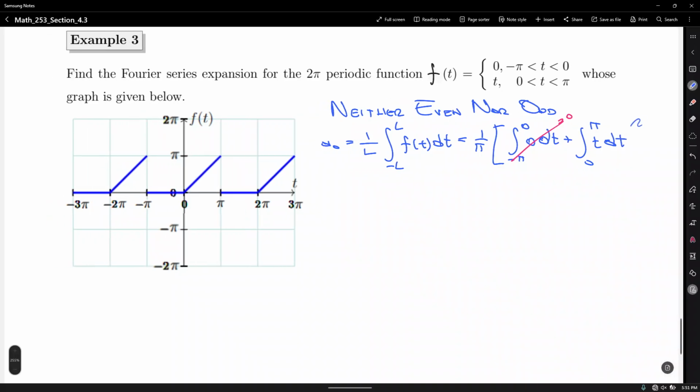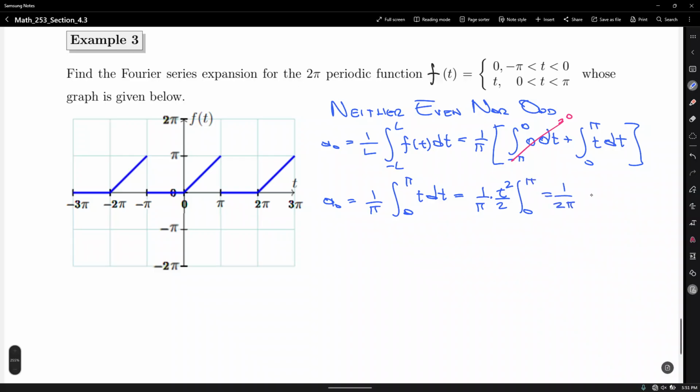All right. So a sub 0 equals 1 over pi times the integral from 0 to pi of t dt, which is 1 over pi times t squared over 2, from 0 to pi. That is 1 over 2 pi in the denominator.